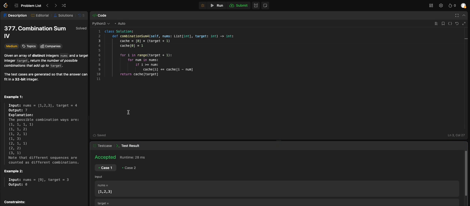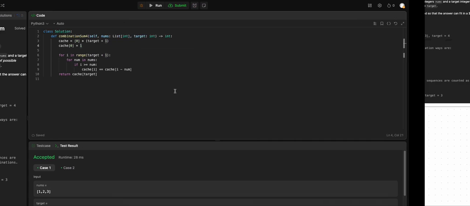This is how you will solve the problem. First of all, focus on the base solution, which is how many combinations make 0. There's only one way. And then later you loop through the numbers.